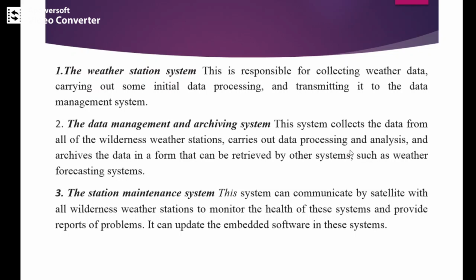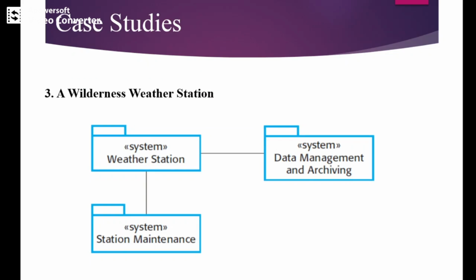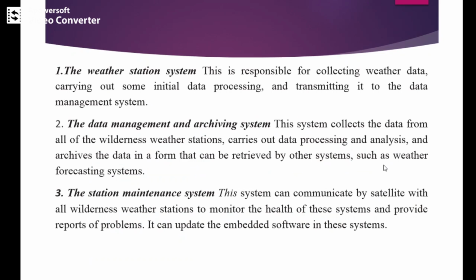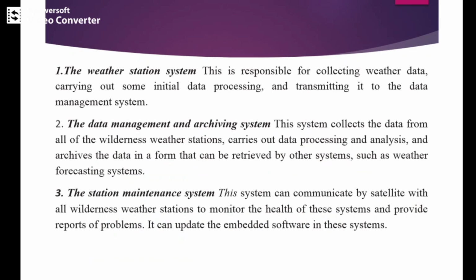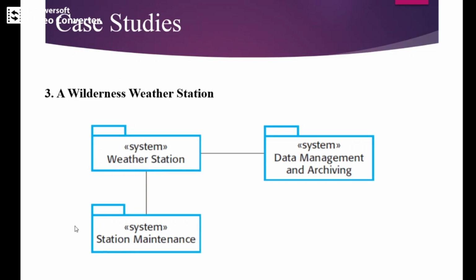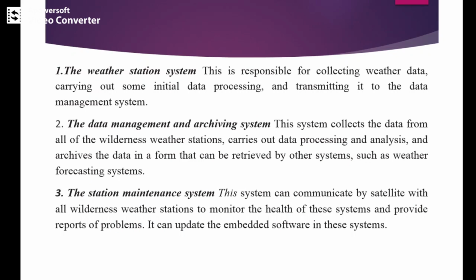It will analyze the data, process it, and archive it in a form that can be retrieved by other systems such as the weather forecasting system. The weather forecasting system is mainly used to forecast the weather conditions.